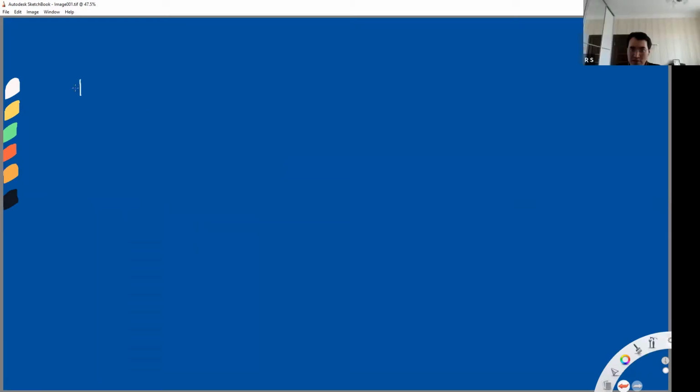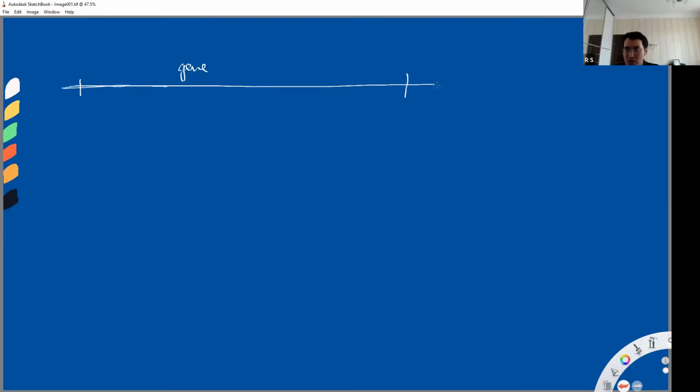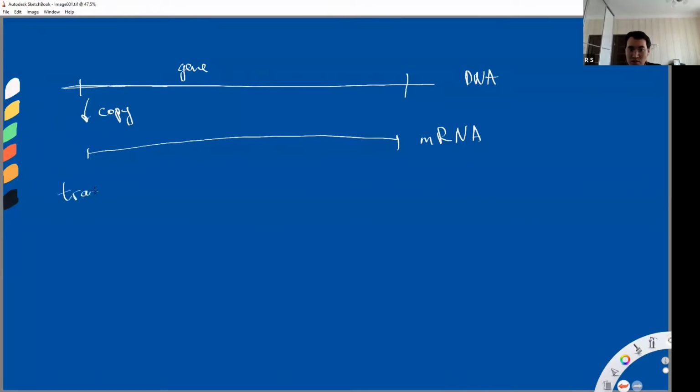So let's say you have DNA, and here is a gene. You cannot use this DNA directly because it's really huge. It's a bank of all genes, okay? So to use it, you need to make a copy. And you make a copy of it with mRNA production. This process of copying is called transcription.